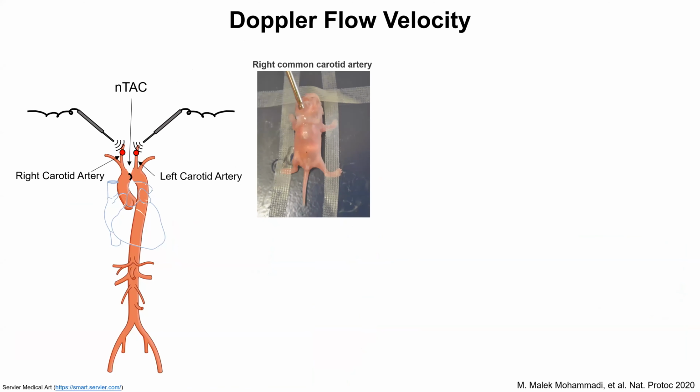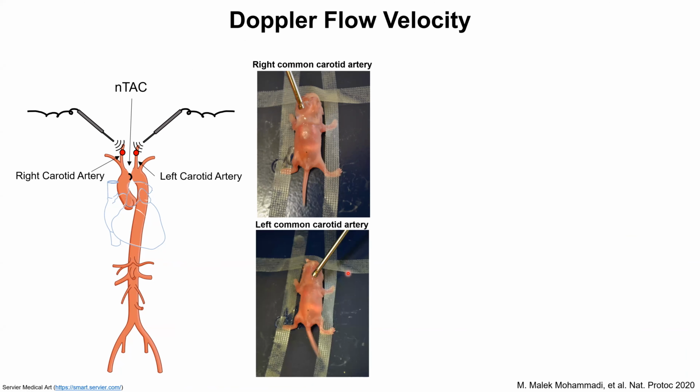You need to fix the mice again the same way as you did during surgery, but on the heating plate, and apply a generous amount of gel on the neck area, and place your probe on the right as well as the left side of the trachea so that you can see the peaks.